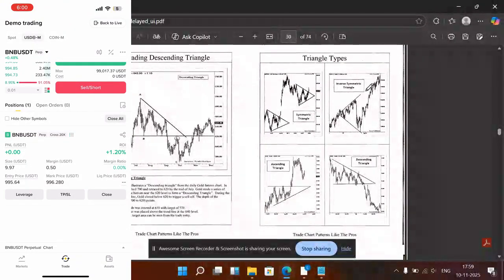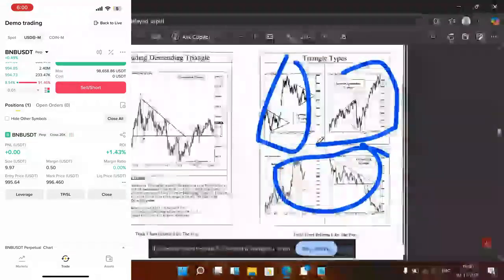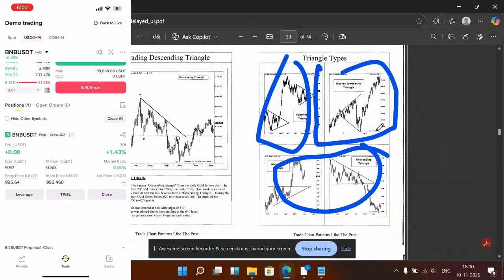Now triangle types, symmetrical, inverse symmetrical also is there, and these two we have already covered. Along with this we have covered. The thing that is left is this one, inverse. Now this could also be formed. Now what is the crucial thing here? Now there is also a kind of continuation pattern. Look, you guys can see, right?